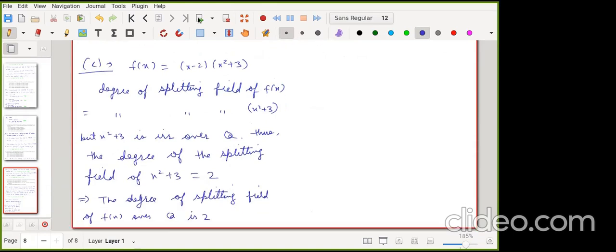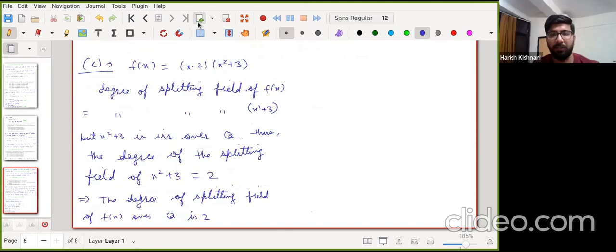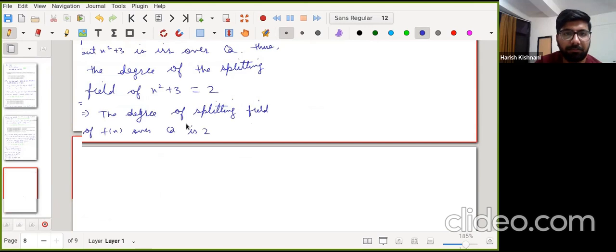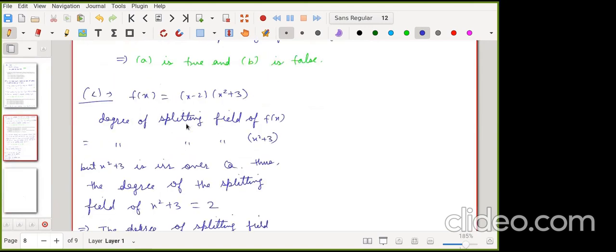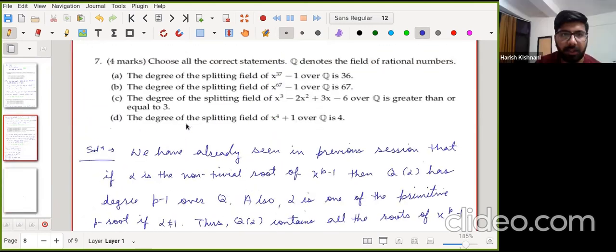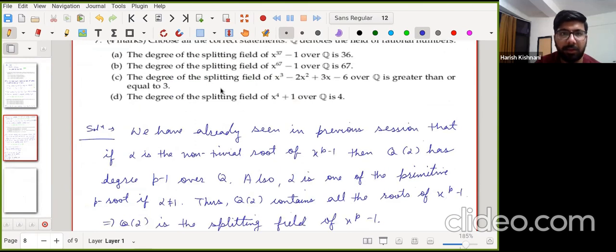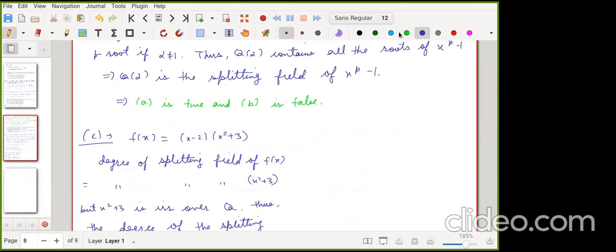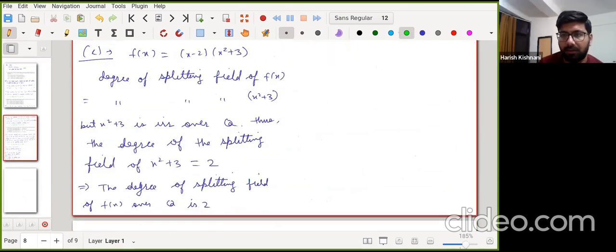But here it is much smaller than n factorial. n factorial is 6. In fact, we are getting it less than n. Okay, so it says it's greater than or equal to 3, so the option is false.